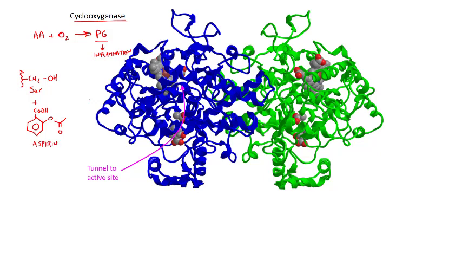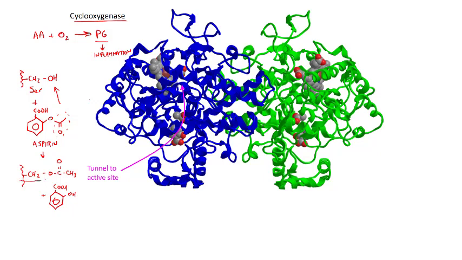And what ends up happening is the aspirin's acetyl group gets transferred onto the OH so that we're left with a molecule that looks like this. And we're left with regular old salicylic acid, which is the byproduct, and that can just be excreted.